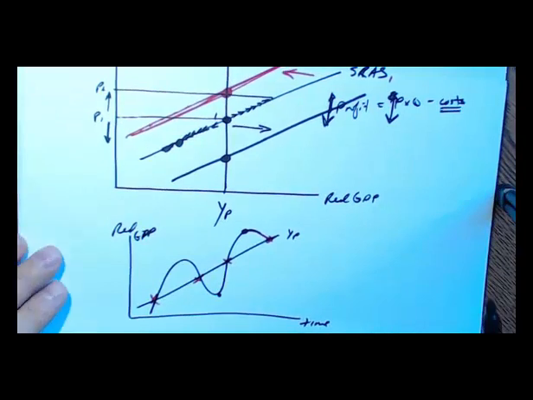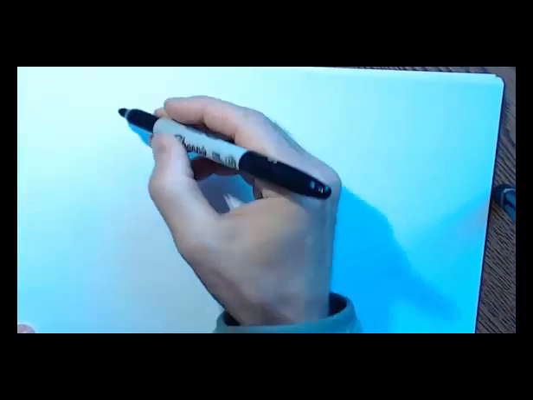So now we're ready to combine aggregate supply and aggregate demand in one graph, one model, to explain various outcomes with the economy.